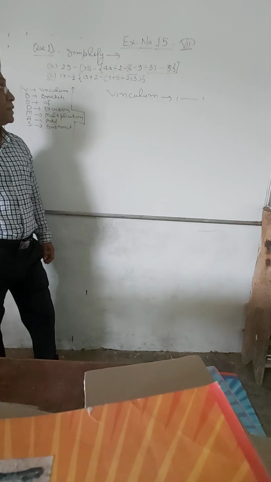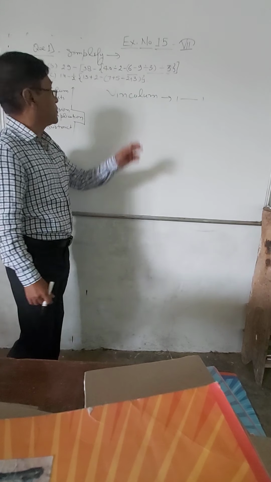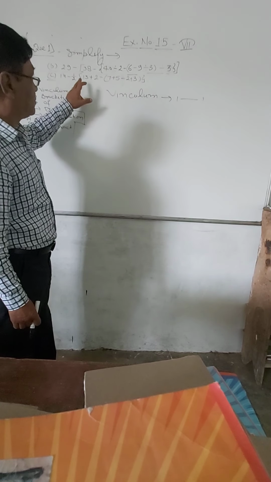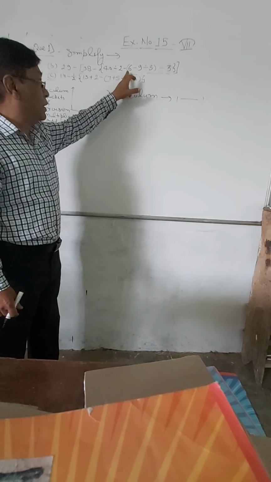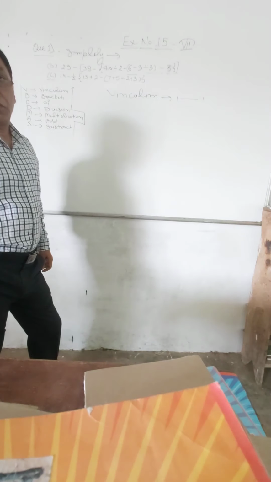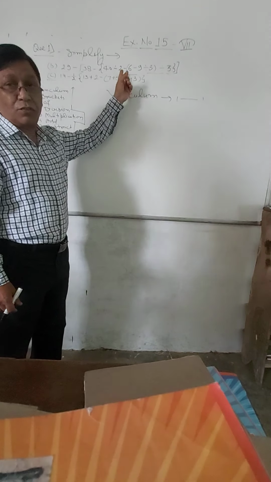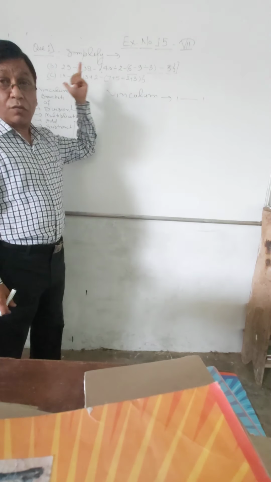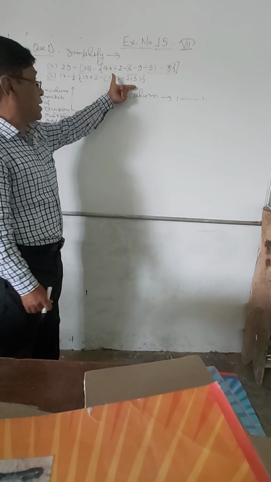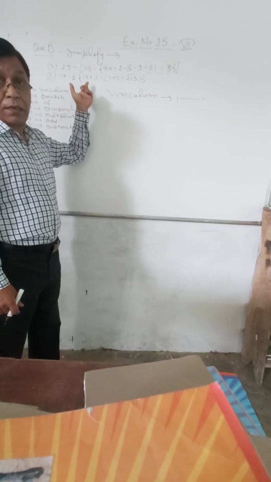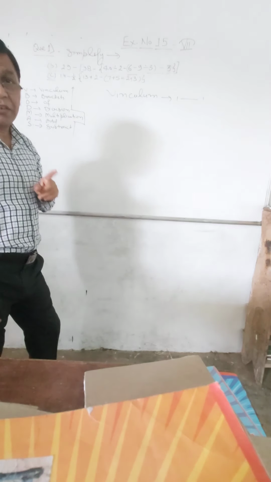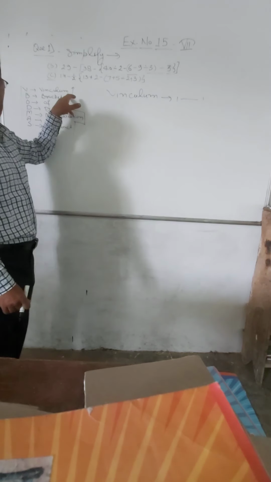Certain problems are there; just see these problems. Here, on the 2 plus 3, one line is drawn. So this line is a Vinculum. When simplifying this problem, first of all we solve the Vinculum.